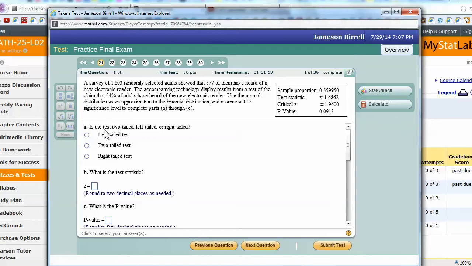All right, is the test two-tailed, left-tailed, or right-tailed? So this is where we try to determine what the null and the claim are. Let's see, the claim is that 34% of adults have heard of the new electronic reader.